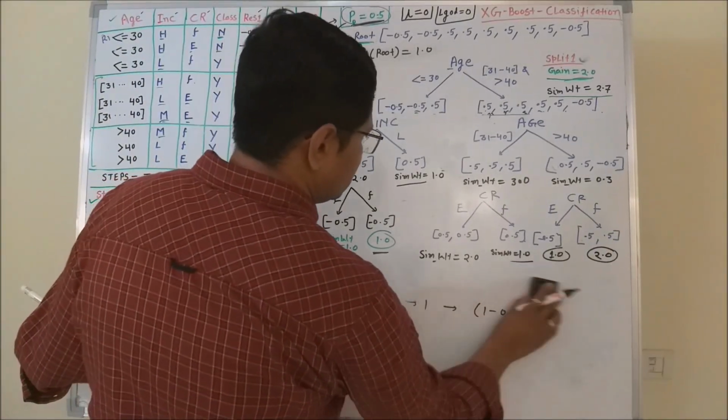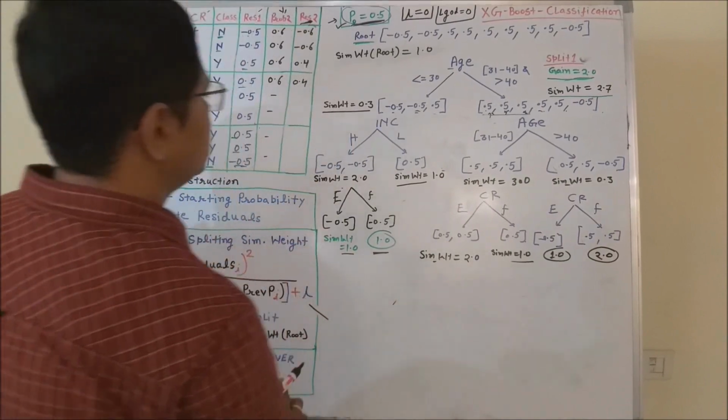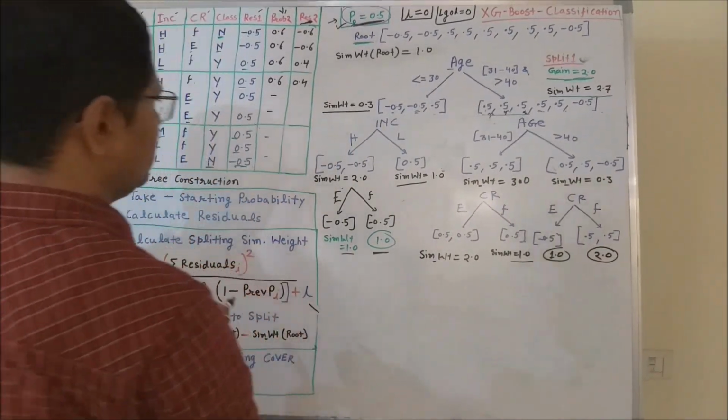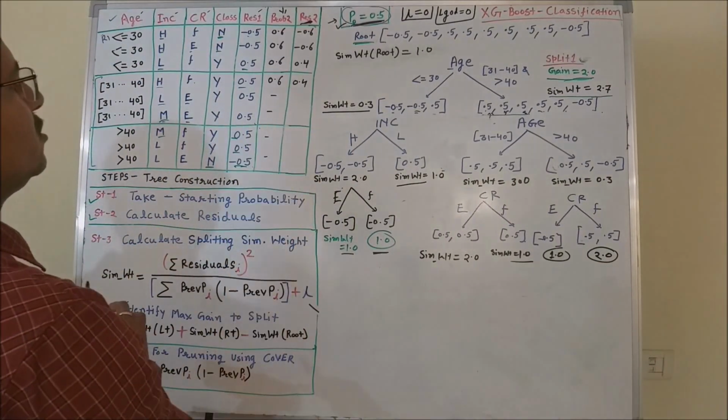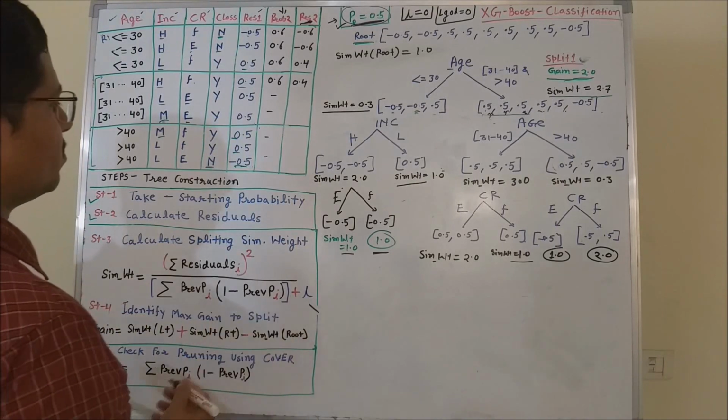So now let us try to understand, suppose we have some new value coming in, then how XGBoost will give you the score.